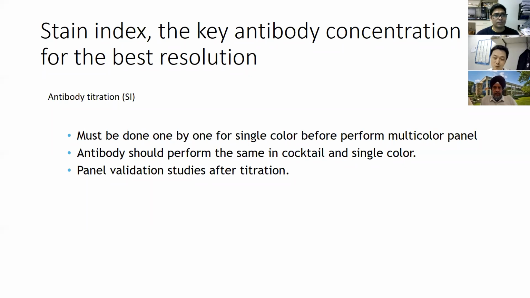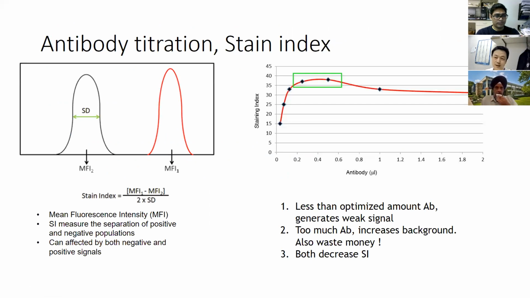So that way, the antibody is not going to perform the same way as when you stained one by one. So you have to make sure your cocktail performs the same way as the single antibodies. So you have to do a validation after you determine your titration. To do the stain index, I give you an example here.